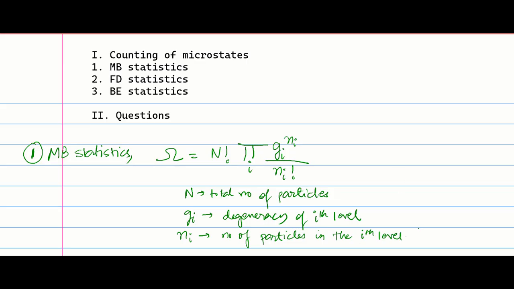So basically n1 plus n2 plus n3, which is the summation of all the particles in each level, should be N, or summation ni should be N.